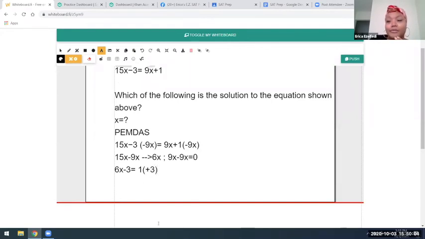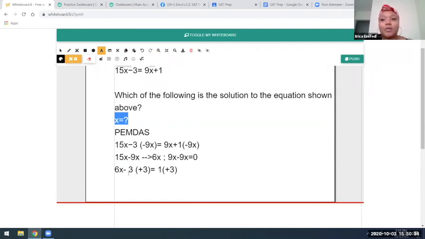Is that all we do? And also to the same side as the negative 3, so it can cancel out. Because we're undoing what's being done to the variable. The variable is x. So step by step, we're going to get to the answer, which is going to be in the form of x equals blank.